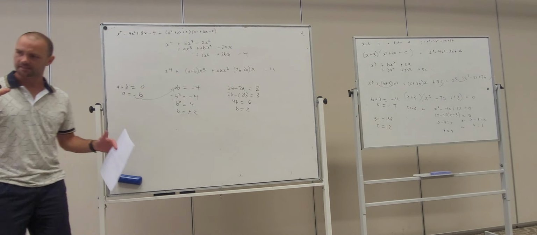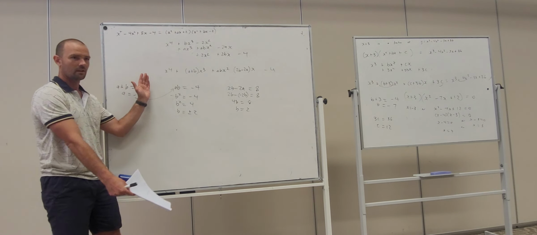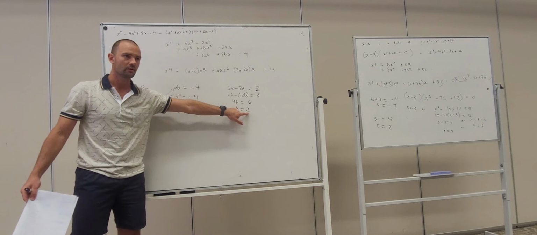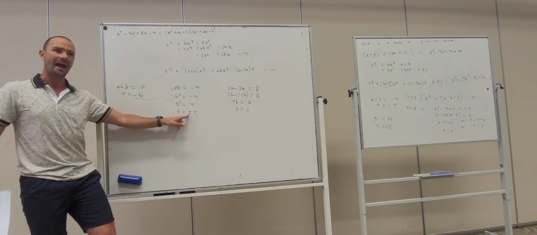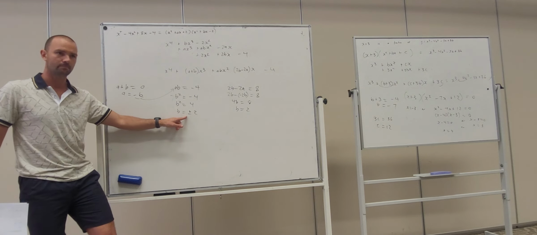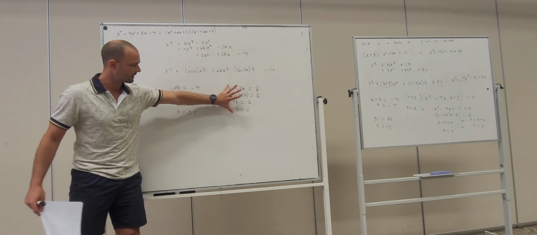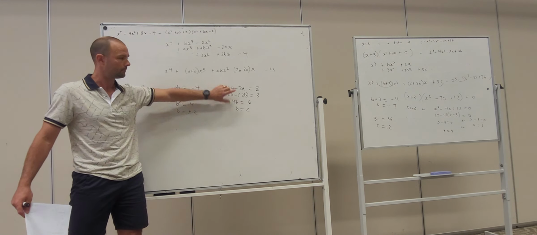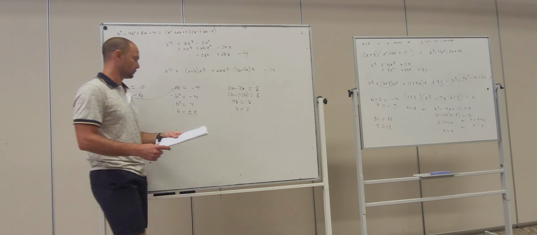So look at this, we've discovered a discrepancy between these two pieces of information. This one says b equals 2. This one says b is plus or minus 2. So we have to go with the answer that satisfies both. What satisfies both? Positive 2. The negative value of b does not satisfy this, so it is not a solution.